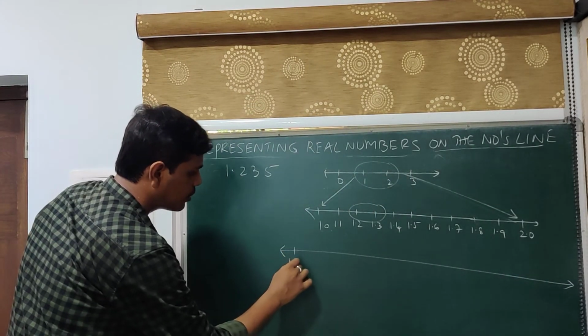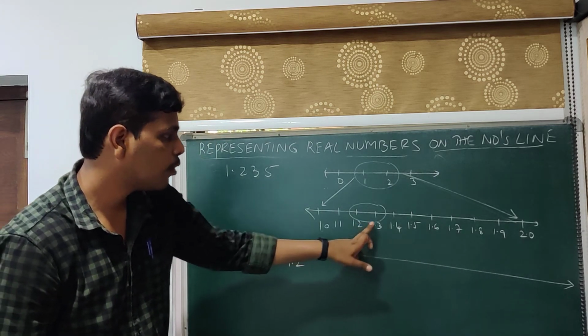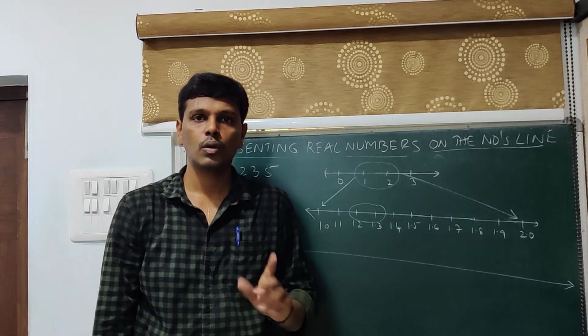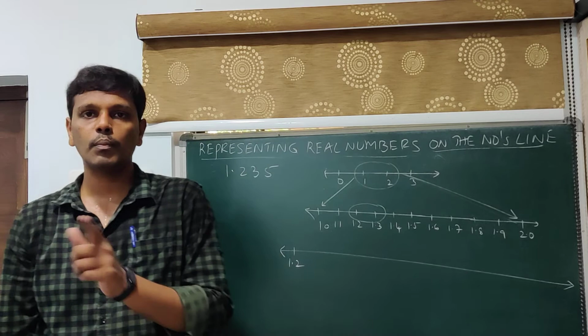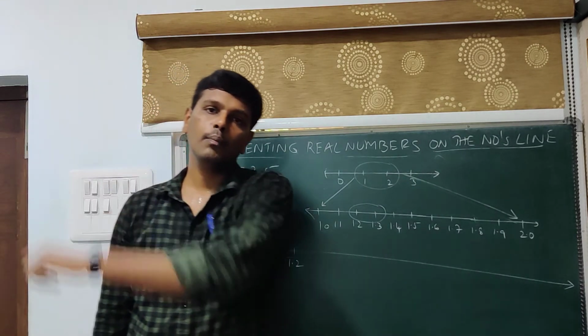So I'll start with 1.2. How do you get from 1.2 to 1.3? 1.2, you can also write it as 1.20. Continue: 1.20, after that 1.21, 1.22, 1.23. Likewise, you will go up to 1.30.